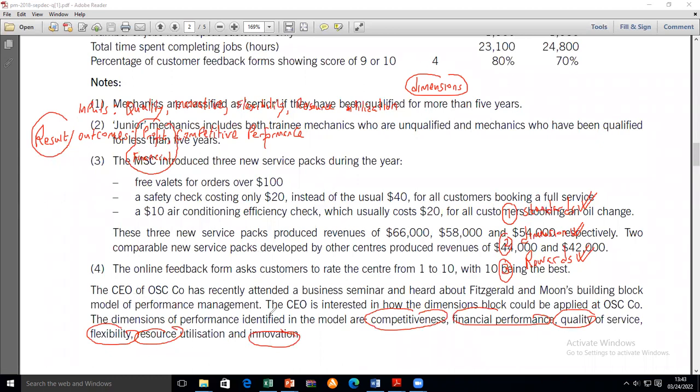So they were mentioned in the question. A good performance measurement system in the service industry, like the industry that these people are in, should have these dimensions.